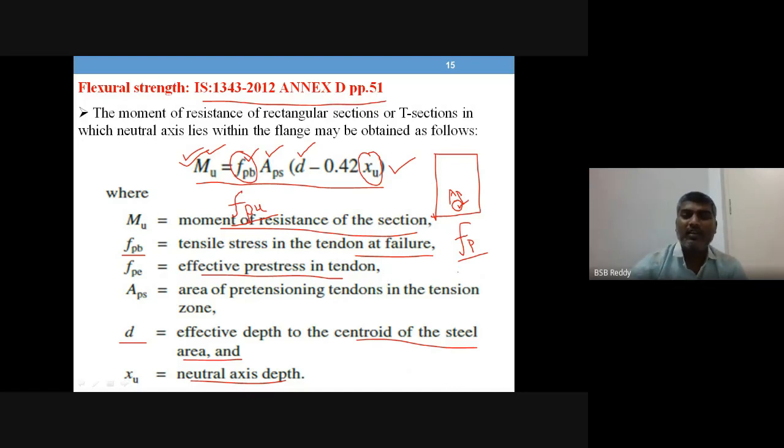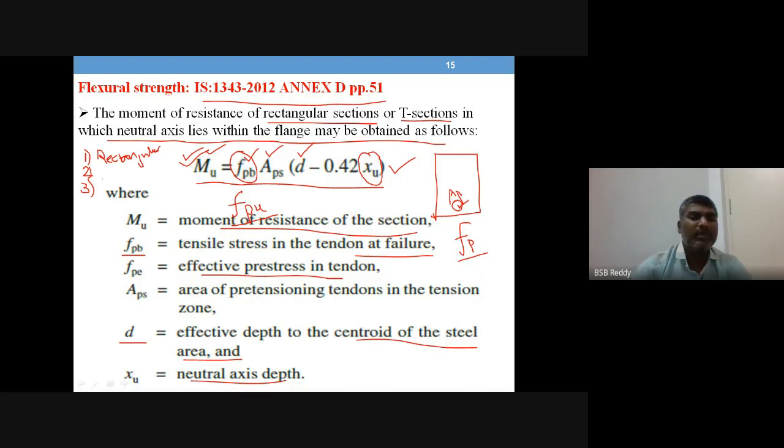And for a T section where the neutral axis lies in the flange. So there are three things you can categorize here, for the moment of resistance. One is for a rectangular section.